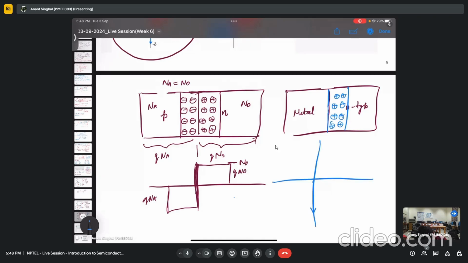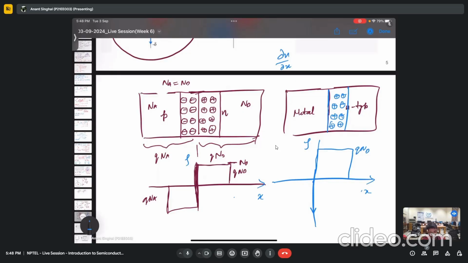If I'm talking abrupt profile only, we have this Nd again here, which is qNd. This is the charge density plot versus position. So that is why there is this gradient change. That is what we call diffusion. So diffusion current, we know, depends on the change in doping concentration with respect to position. Does it make sense?